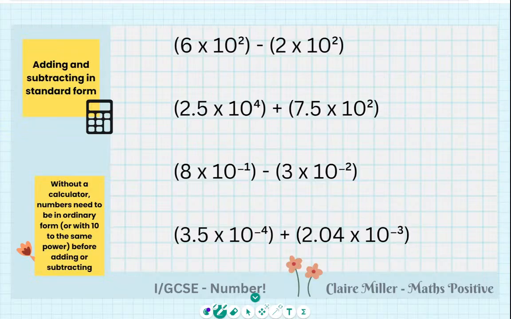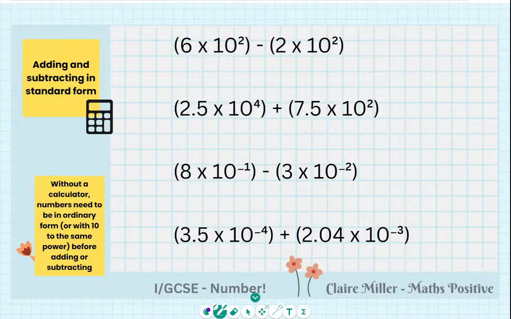If it's a really tiny number, you might sometimes end up with a number in standard form. And you might have thought, oh, I don't really understand what that means. So now you know. It might look a little bit strange, but hopefully as you practice on your calculator, you'll get an idea of what numbers look like in standard form, because some of your answers will come out in standard form.